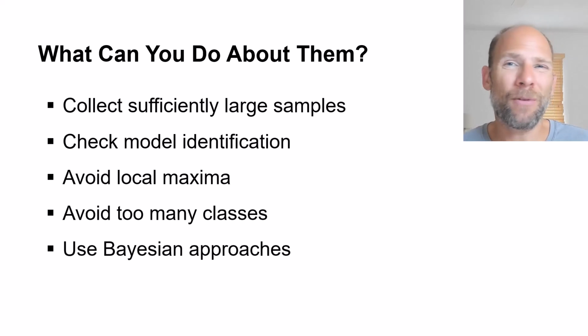Now, the question is, do you then just make a symptom go away, a symptom of a larger problem, when you use those approaches? But in certain situations that can be reasonable, and that is when those boundary estimates are expected or plausible, meaning when very small or very large probabilities for an item are to be expected or are plausible in a given class, then those Bayesian methods may be a good choice.